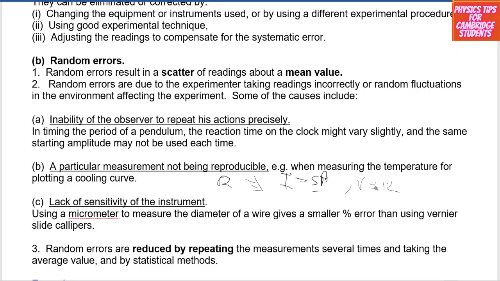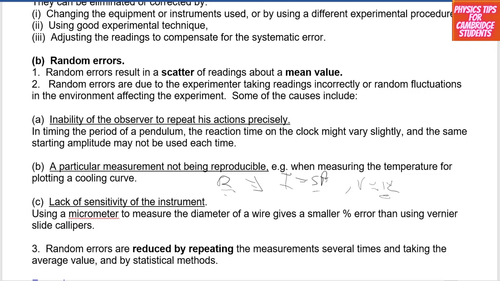So you try to adjust to get V, then you get a value of 11 point something at the first place, you get 10 point something for the second case. So your values of R would tend to fluctuate. So we can say that the reproducibility of the reading is very, very hard. So this then reduces the reliability of the results.